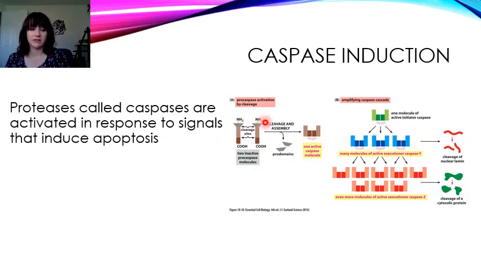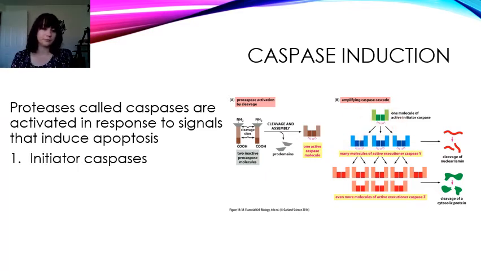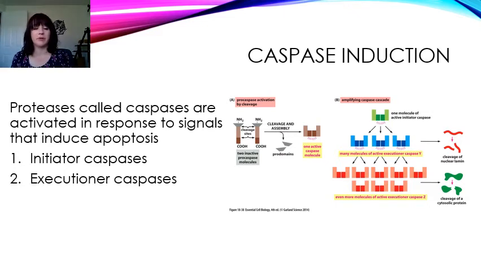Just like this initial example, they get activated by cleavage, which is very nicely done by other caspases. So again, we have initiator caspases. They start out as pro-caspases, and only once they're cleaved do they become active. And then they induce this amplifying caspase cascade that leads to the cleavage and activation of executioner caspases.